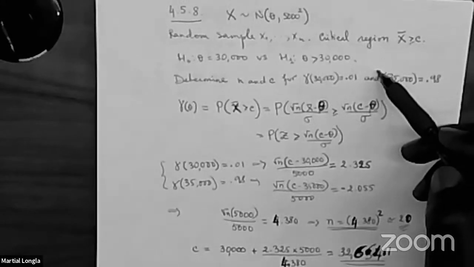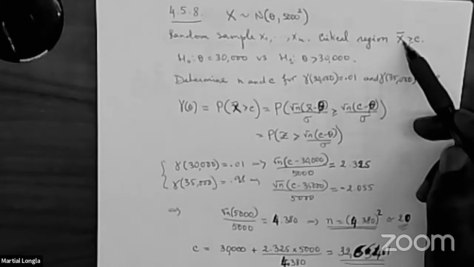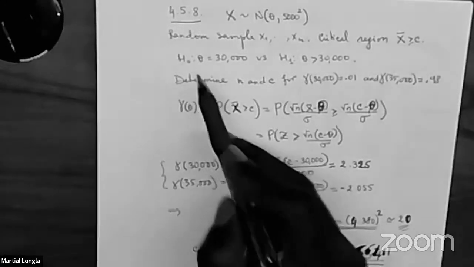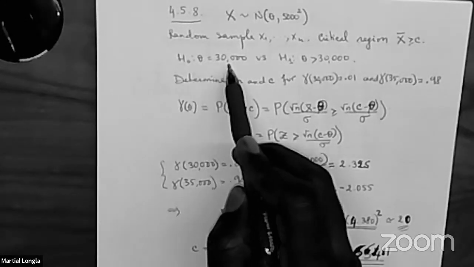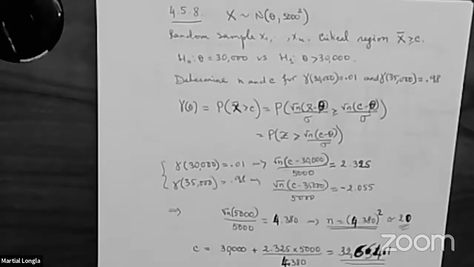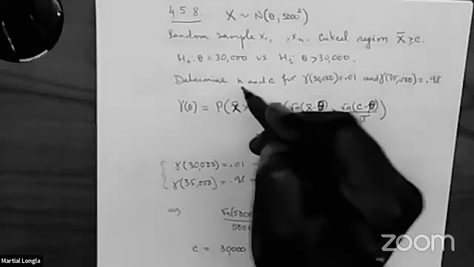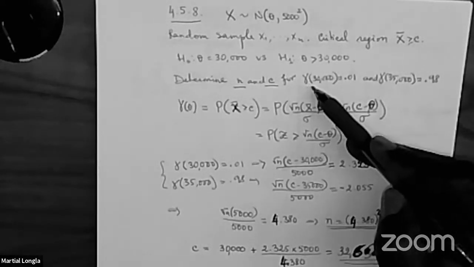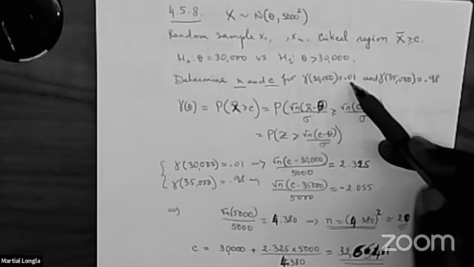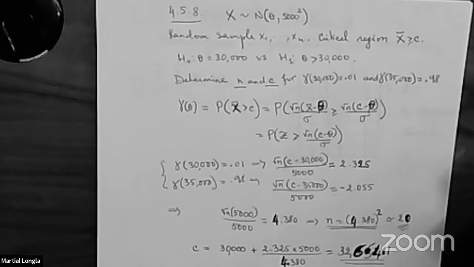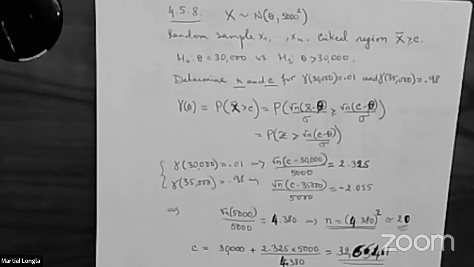And the critical region, same as in the other problem, is defined as X bar larger than or equal to C. H0 is theta equals 30,000 versus H1: theta larger than 30,000. Determine n and C for which gamma, which is the power function, of 30,000 is 0.01, gamma of 35,000 is 0.98. What's the definition of gamma?